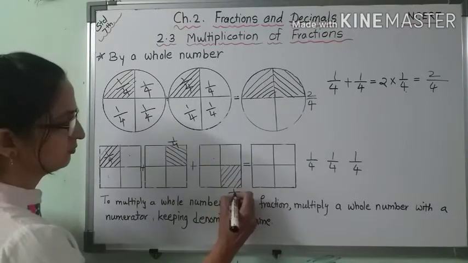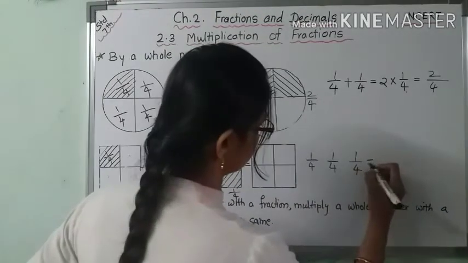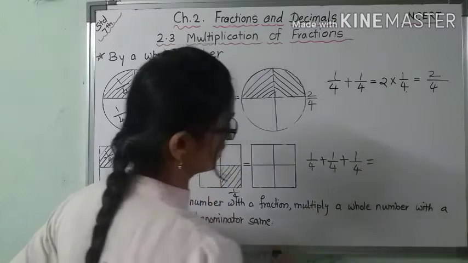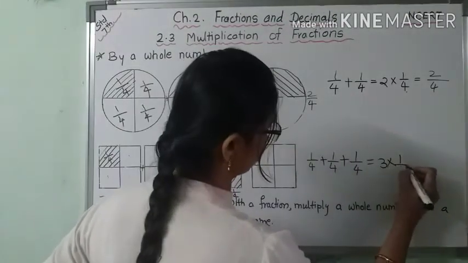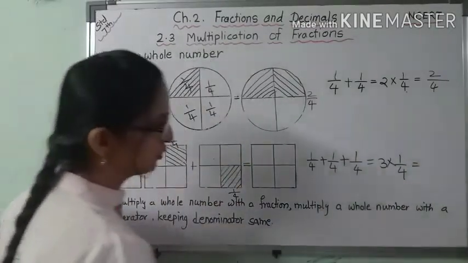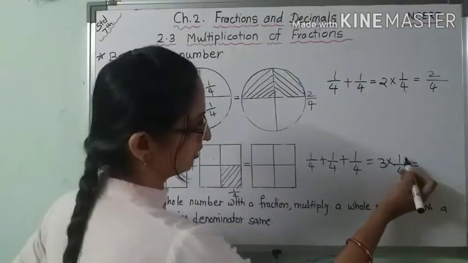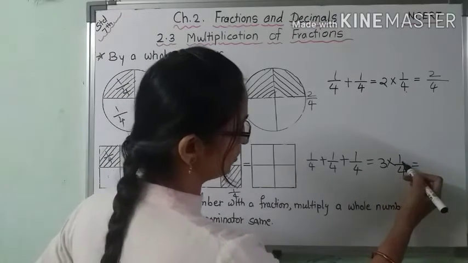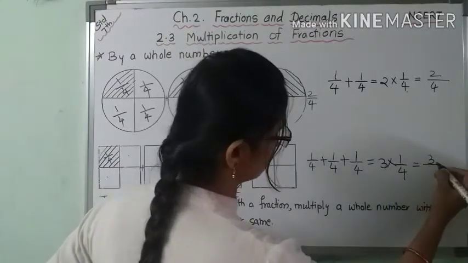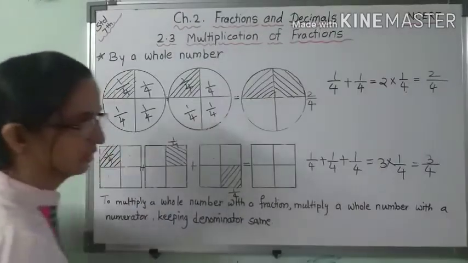So the addition of these 3 shaded parts is 3 times 1 upon 4. And how to multiply a whole number with a fraction? Multiply this number with the numerator, that is 3 ones are 3. Write the denominator as it is.